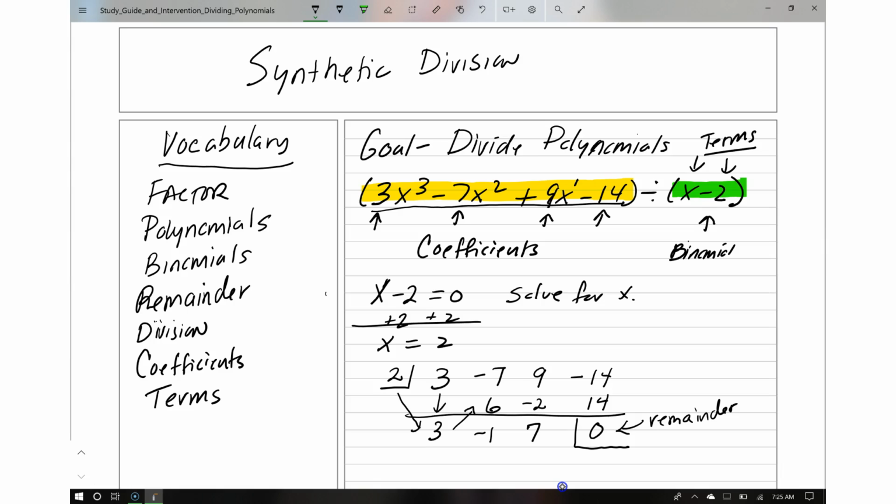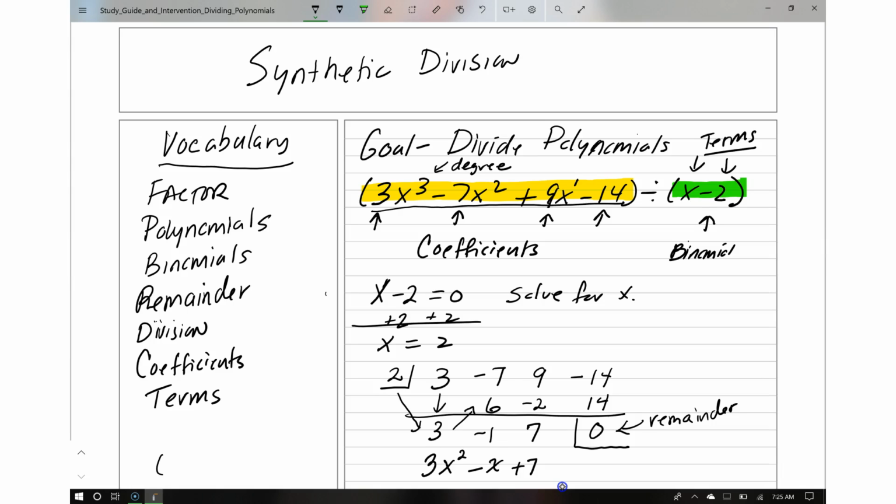You notice that the power or the degree was 3. Therefore, this one will go down 1 degree. So we're going to start with writing the new polynomial. We have 3x squared minus x plus 7.